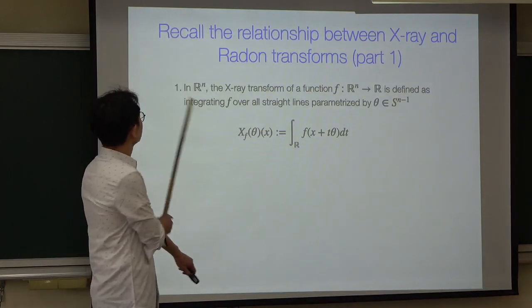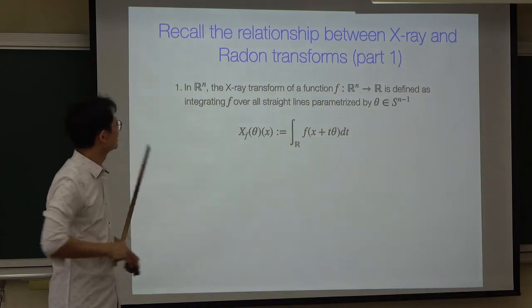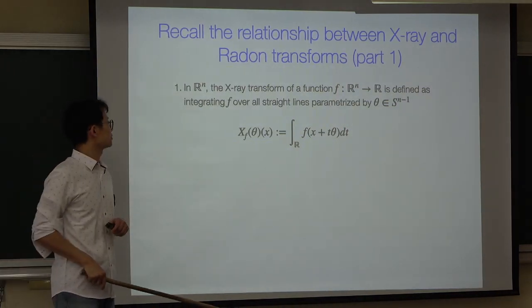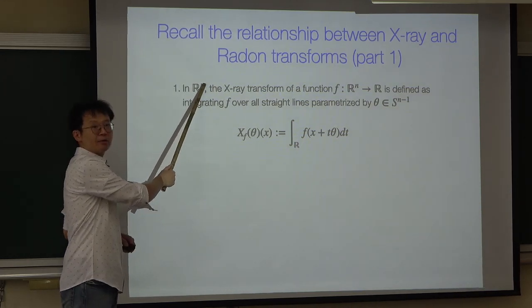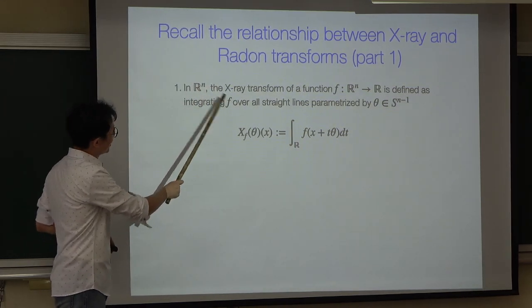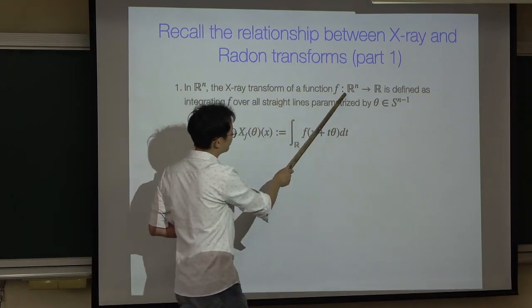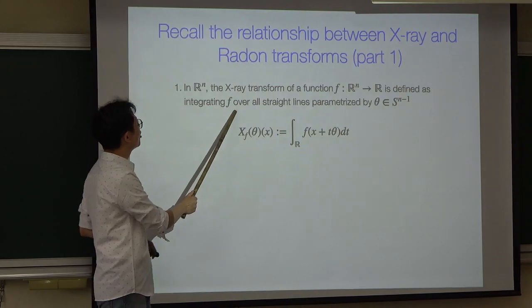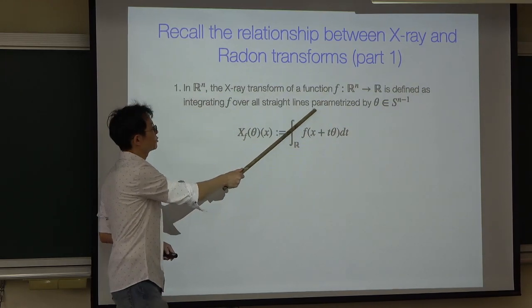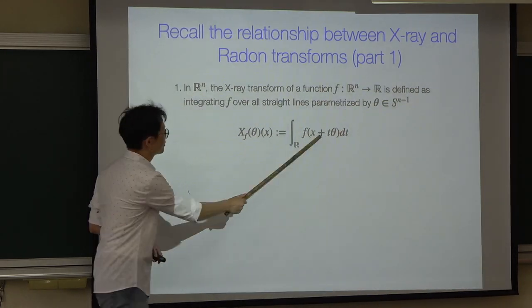So now, let's have a quick recall of the relationship between the X-ray transform and the Radon transform. In the general n-dimensional space, right now we are talking about R2, but in general, the X-ray transform of a function f on the n-dimensional space is defined as integrating f over all lines parameterized by theta. So that is how it looks.